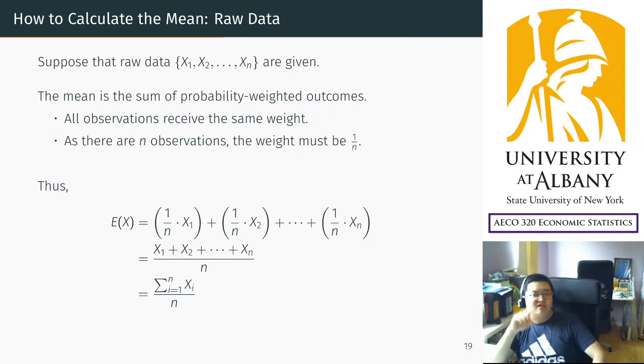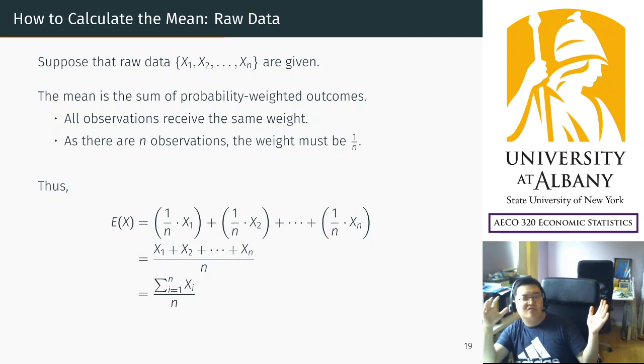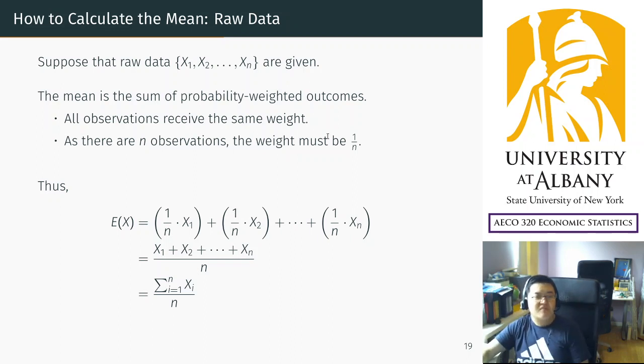Because there are n observations, a single observation receives a weight of 1 over n. So if there are 100 observations, you assume that each outcome has 1% probability, right? Then mathematically speaking, x1 is weighted by its probability, which is 1 over n.